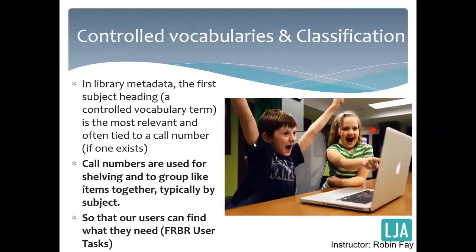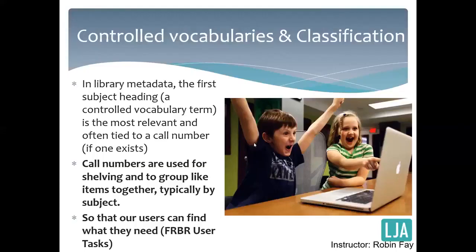When you have those local classifications, they may or may not be tied to a subject. They may have nothing to do with the subject. It may just be a numerical notation where they're sequential on the shelf, or by the barcode, or by something else entirely.